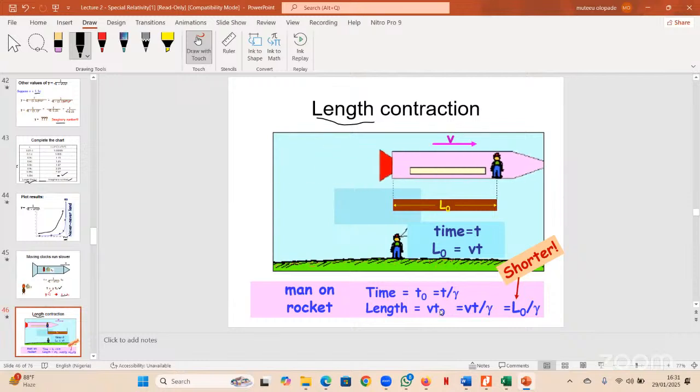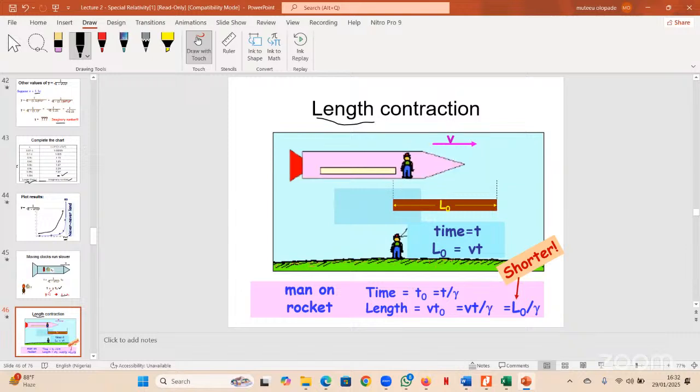So you have an observer in a spaceship in uniform motion, trying to measure the length of a ruler, and you can see it's moving with speed V. Now, if you observe that the length of the ruler is L naught, what will be the measurement by somebody on the surface of the earth? So this brings us to the length contraction, and the formula for length contraction is this.